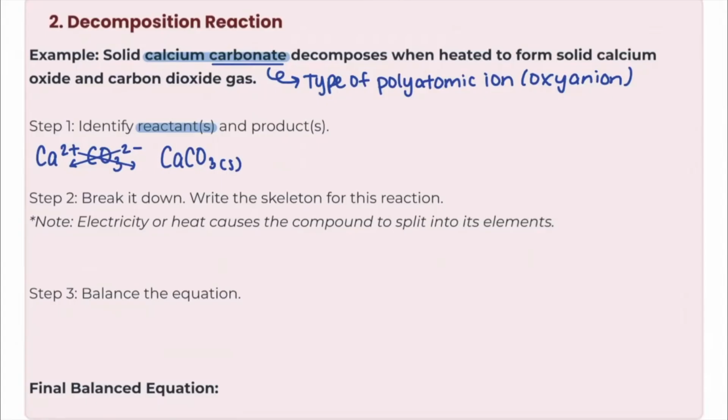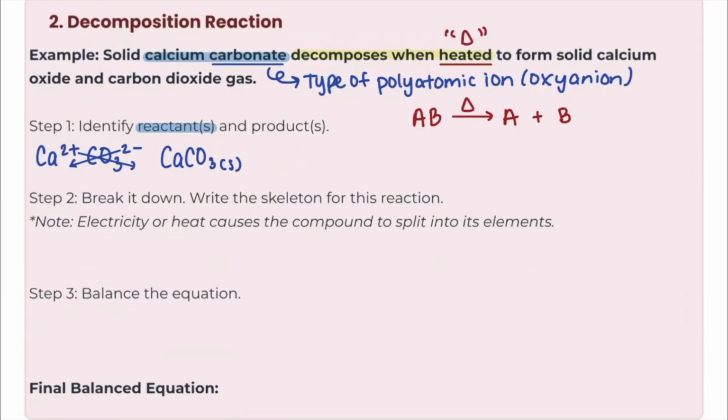And that energy might come from heat or sometimes electricity, but either way, energy is needed to separate particles that are already bonded together. And because this reaction requires energy, we're going to show heat by writing a small triangle above the arrow. That's showing that the calcium carbonate is being heated to form the products.